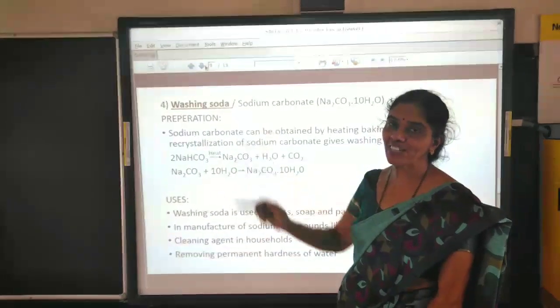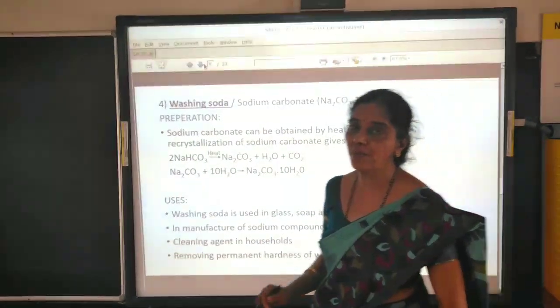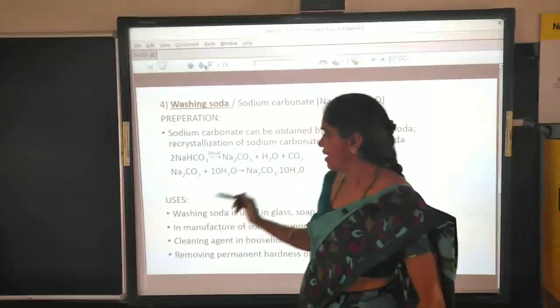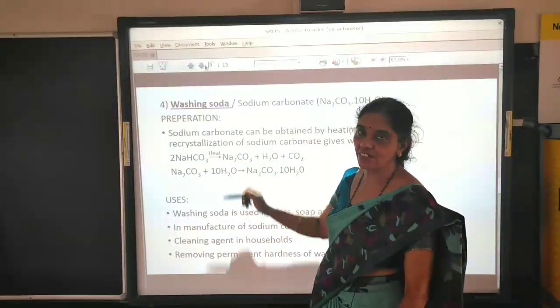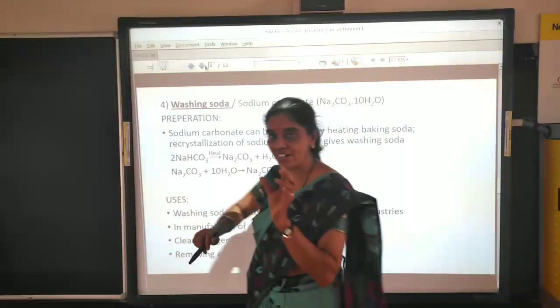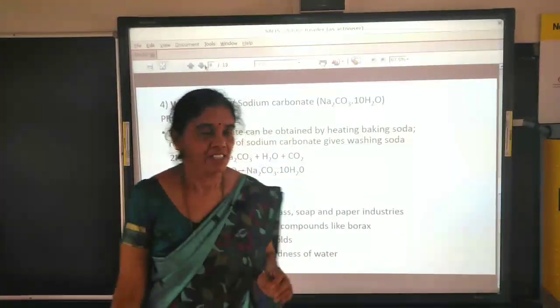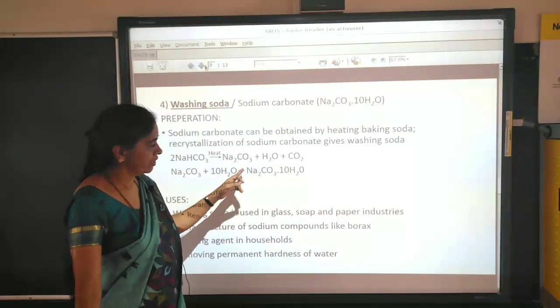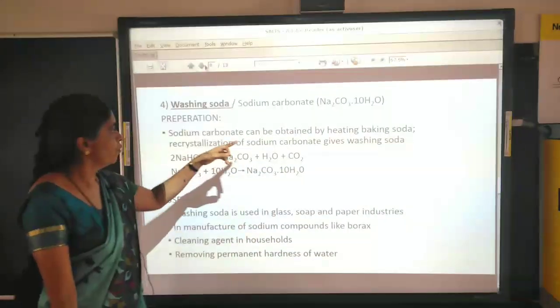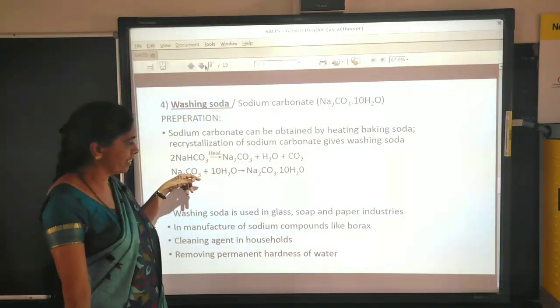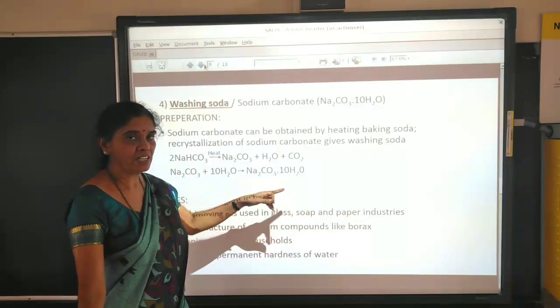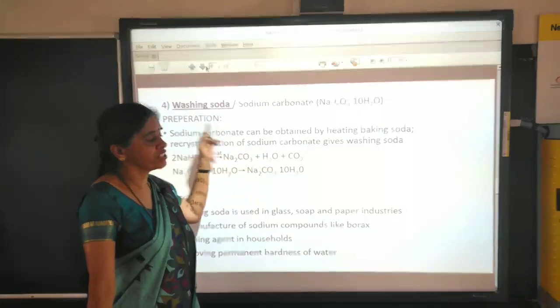Washing soda is nothing but sodium carbonate. When this sodium carbonate crystallizes, along with water molecules, it is called washing soda. It is sodium carbonate, but along with water, when it forms a crystal structure, we refer to it as washing soda.